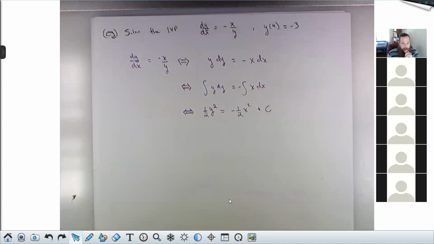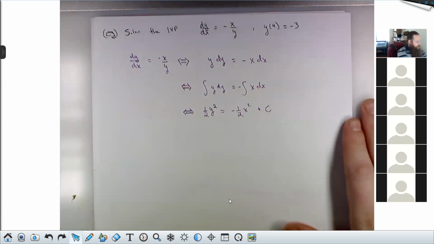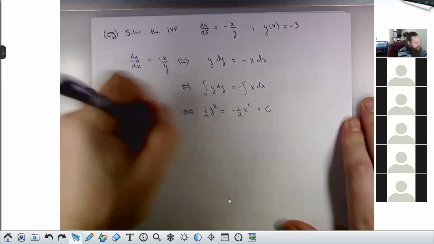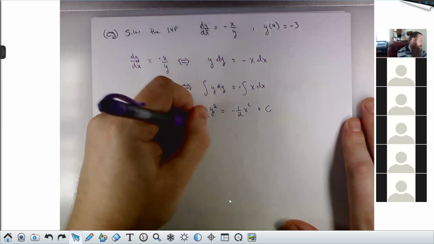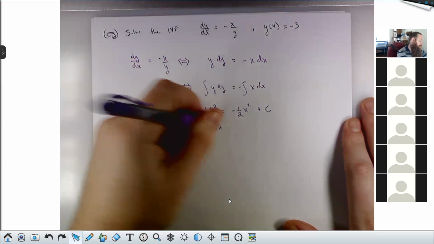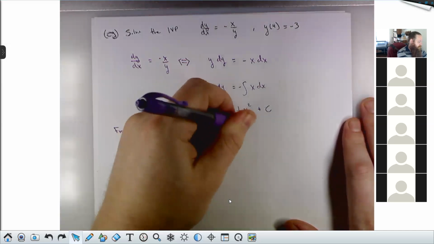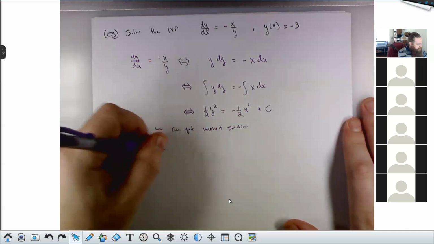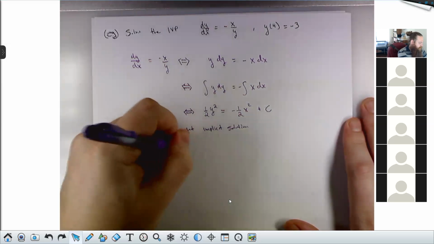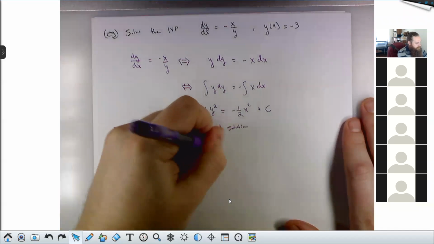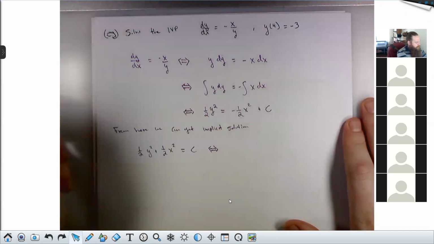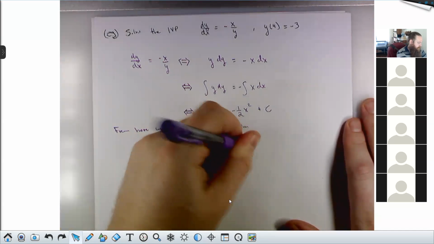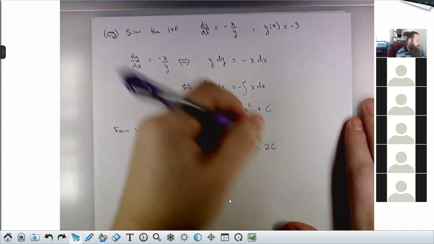From here, we can get the implicit solution: one half y squared plus 1/2 x squared equals c, which, multiplying both sides by 2, is y squared plus x squared equals 2c.